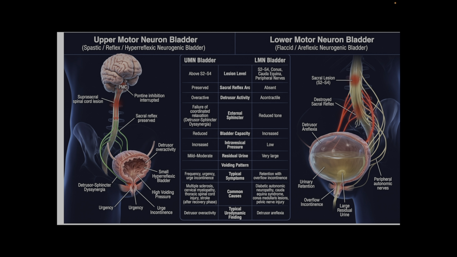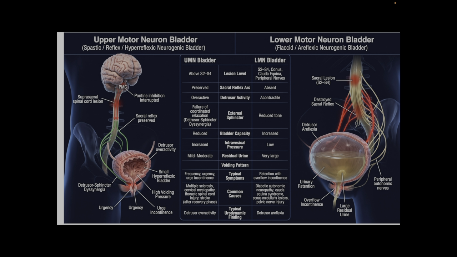So voluntary control begins in the prefrontal cortex, and the pontine maturation center coordinates simultaneous detrusor contraction with relaxation of the external urethral sphincter.